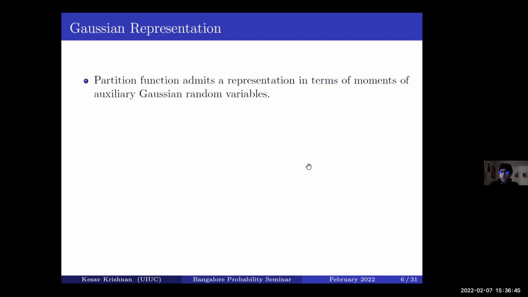So the partition function also admits a representation in terms of moments of auxiliary Gaussian random variables. To every vertex in the graph, you can associate a Gaussian random variable with a prescribed covariance structure.